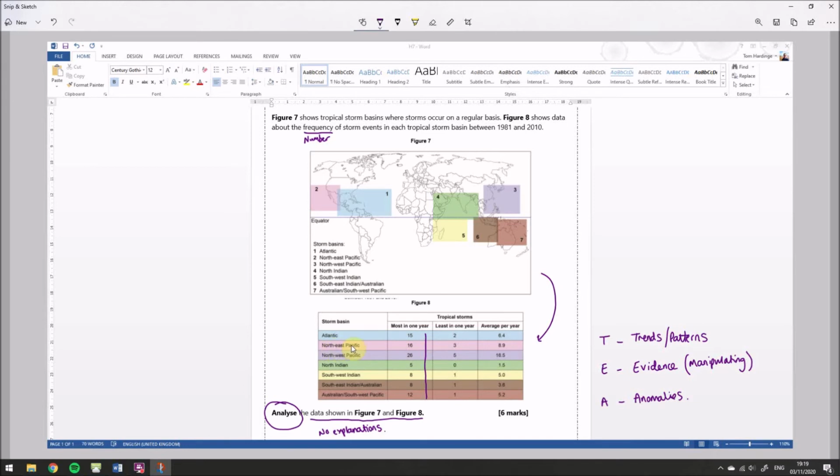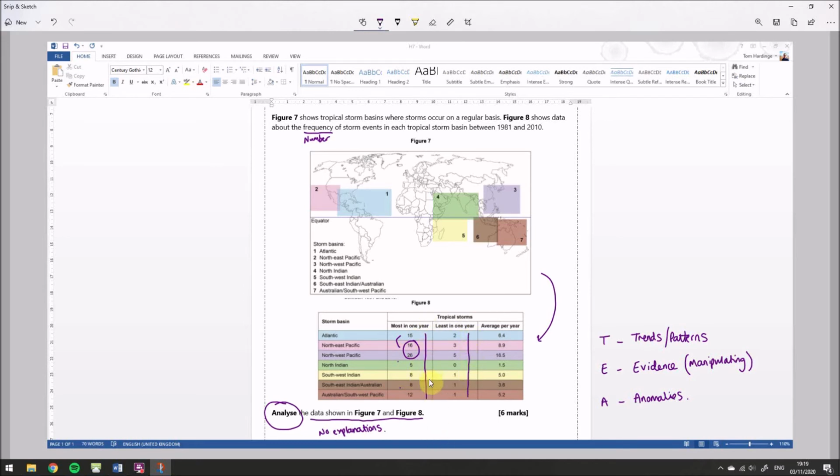So we've got the Northeast Pacific and the Northwest Pacific. What do we notice if we combine those two numbers together, for example? How much bigger is that number than this one here, or how much smaller is this one than this one? So we want to be able to work out some differences, try and spot some trends or patterns within that data. Same for this column here.